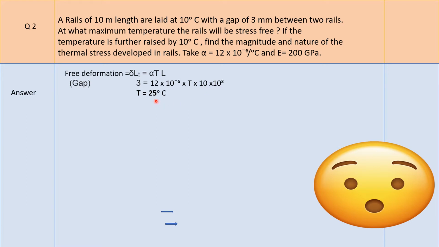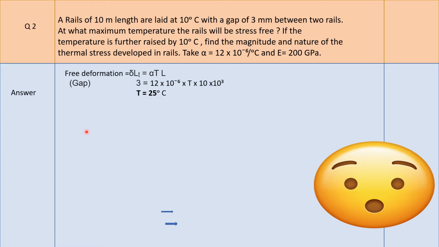You will get the answer 25. Try it once again: press 3, then divided by, bracket open, 12 exponential minus 6 into 10 exponential 3, bracket close, equal to. This will give you T is equal to 25.